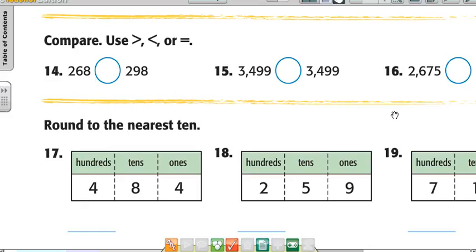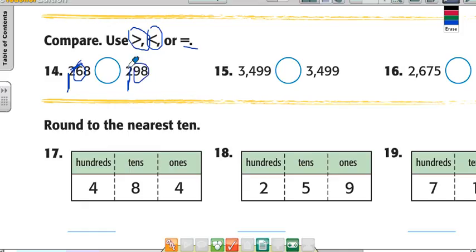Now look at 14. I need to use greater than, less than, or equal to. Okay, look at the numbers in the hundreds place. They're the same. So the next number I'm going to look at is in the tens place. I have a 6 and a 9.